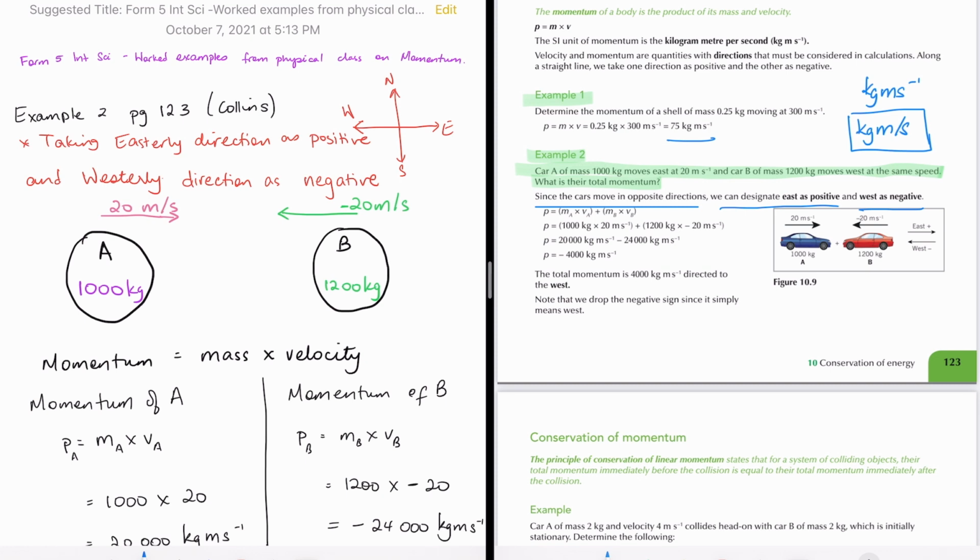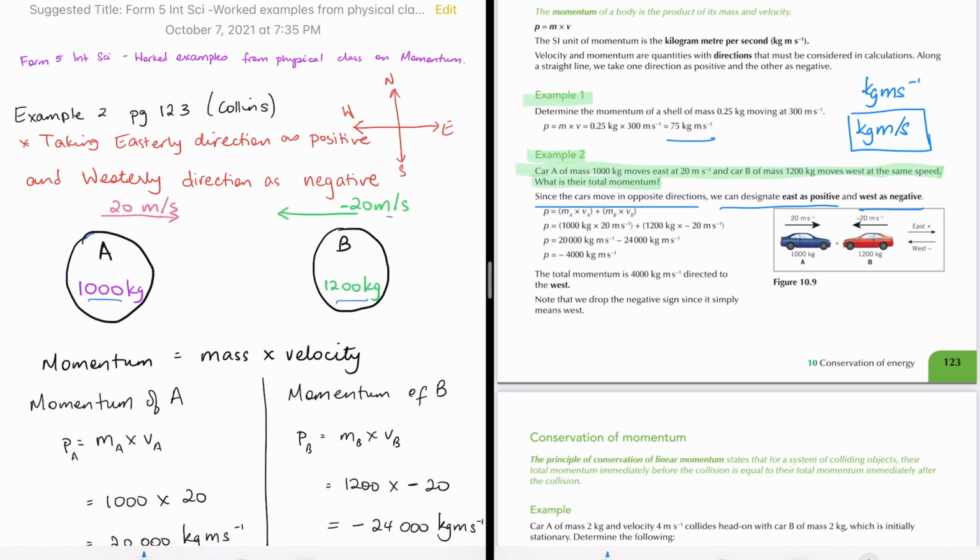We were going to look at this in a little bit more detail. Back on this side, I am using a ball to represent vehicle A. So this is vehicle A, it's 1,000 kilograms and it's heading east at 20 meters per second. Vehicle B is 1200 kilograms and it's heading west.